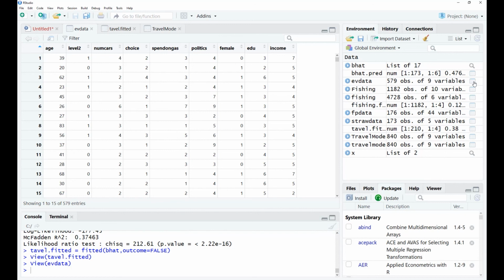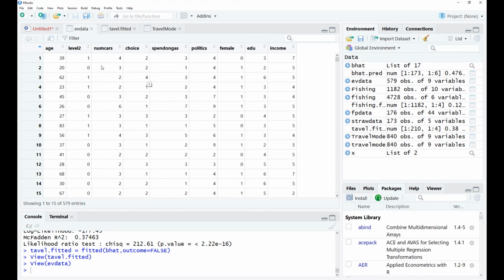Where the choice, 1 stands for gasoline vehicle, 2 is a hybrid vehicle, 3 is plug-in hybrid, and 4 is an electric car.